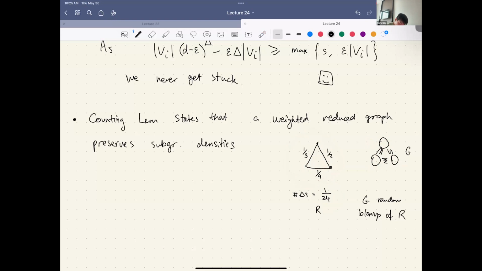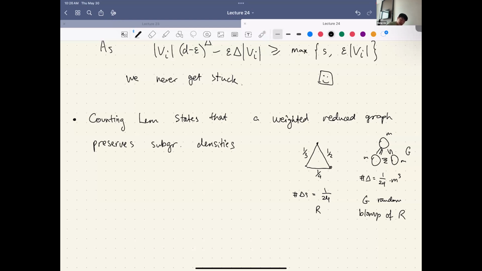So the weighted number of triangles here is 1/24 times, let's say, what's the size? If this is m cubed, at least this much in between 3 different parts.